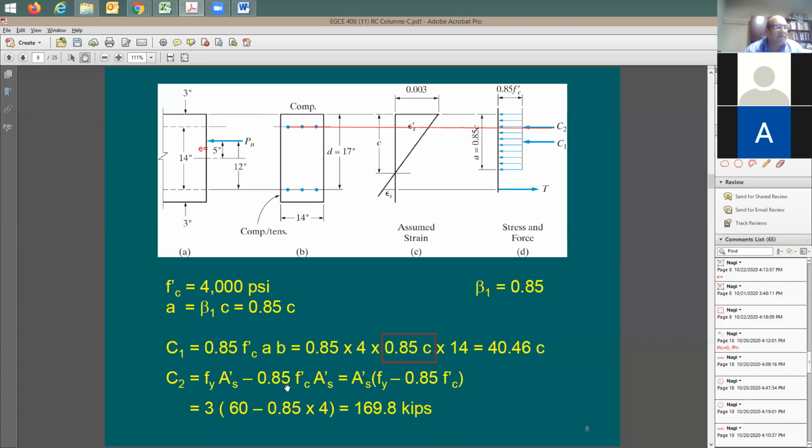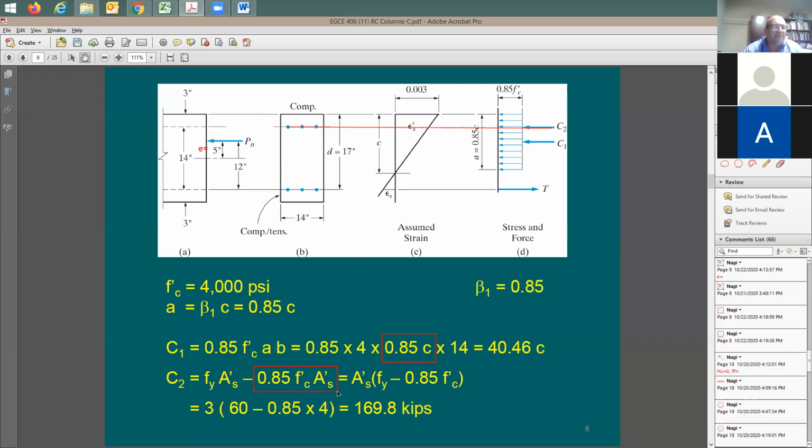You subtract this area of the steel multiplied by the concrete stress. The reason is because you don't want an overlap between the concrete and the reinforcing bar cross-section area. Some people in the past, when we were doing this analysis, if you recall, just ignored this piece. You can ignore it if you want to.